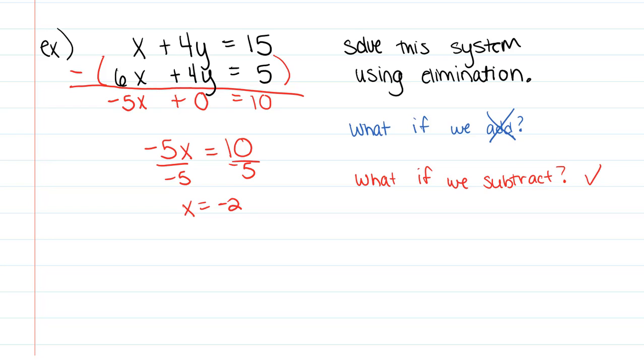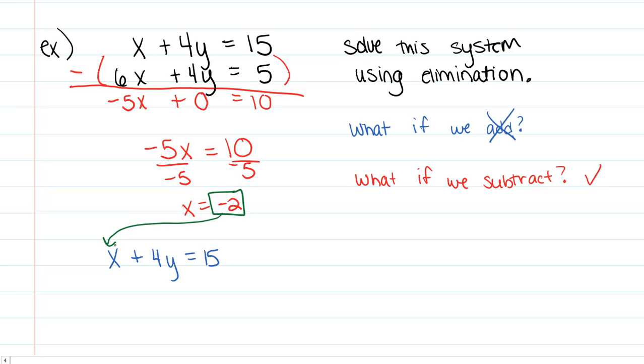But if we think back to our graphs, the solution to a system is where the two lines cross. And that's going to be an ordered pair. So x equals negative 2 is not quite done with the problem. Let's use one of our original equations. Either one, it doesn't matter. And I'm going to substitute, it's x equals negative 2, so I'm just going to put negative 2 in for x.